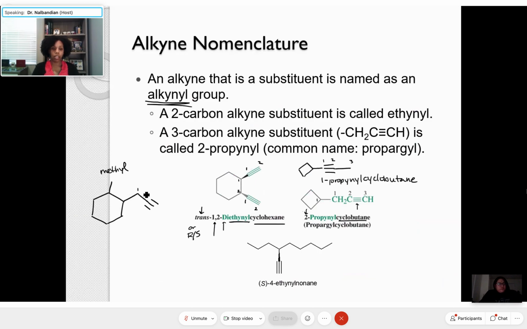Here we have 1, 2, 3. We'll add on a 4th carbon just to make it different. So we have 4 carbons now for our alkyne. What's the name of this?